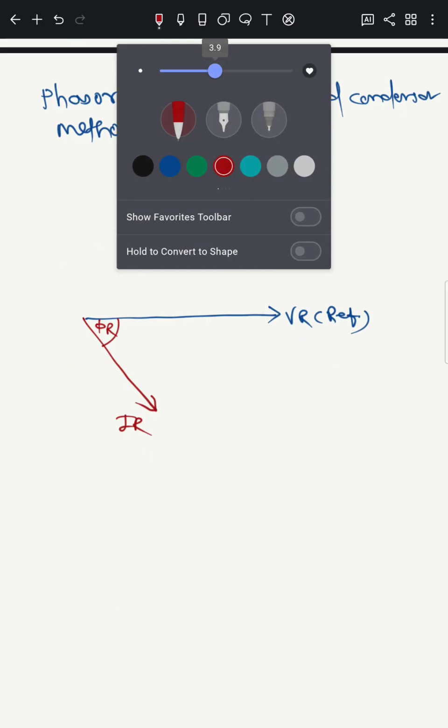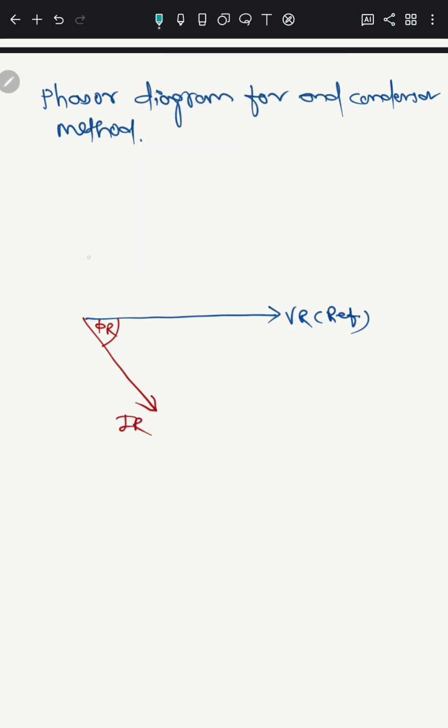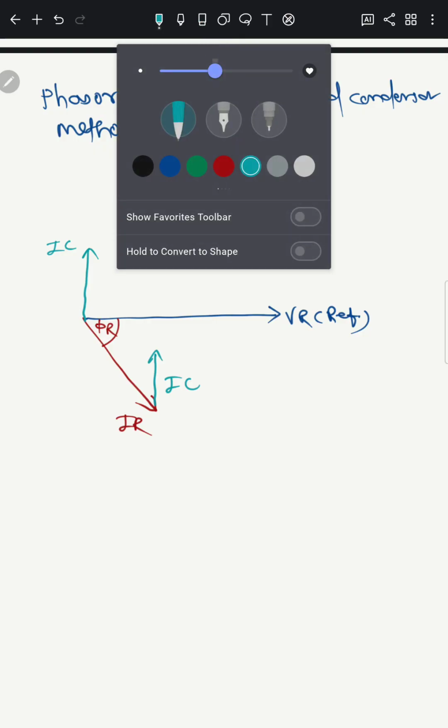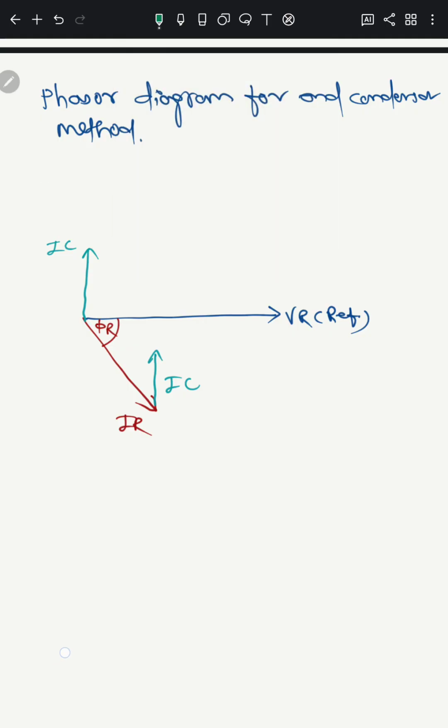Here I will draw this vector for IC. The same IC I will draw here, and we get IR plus IC as a new vector, that is IS.